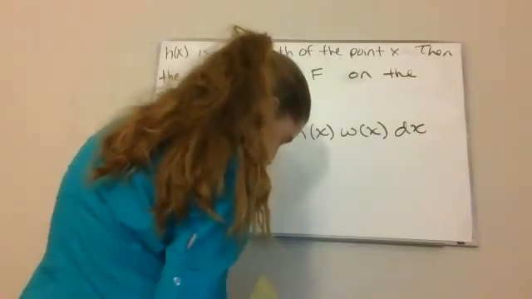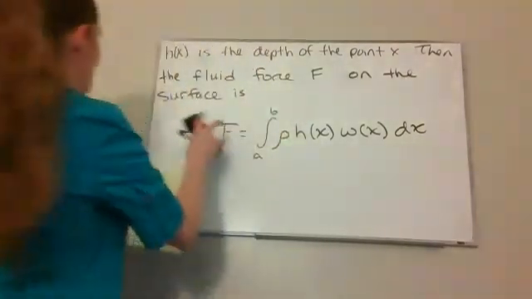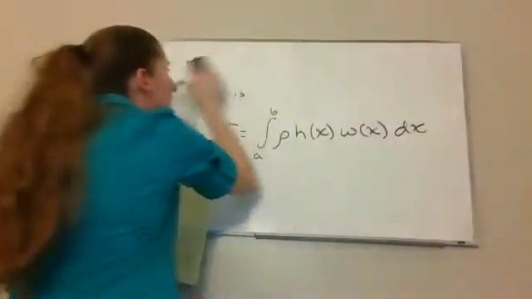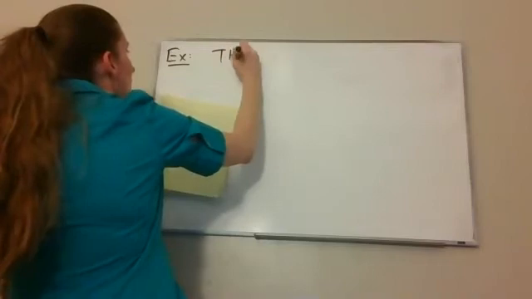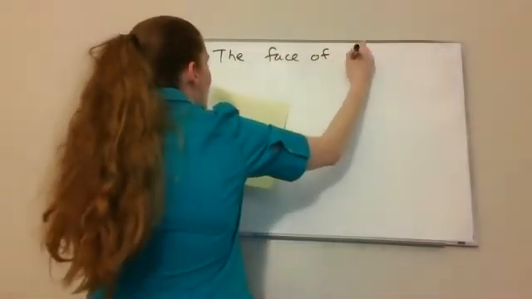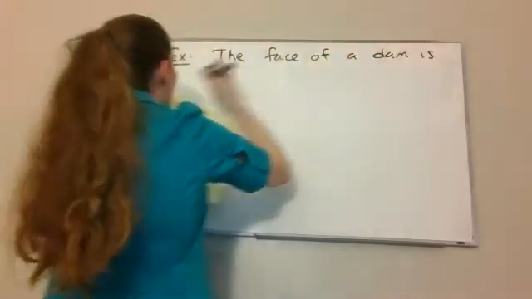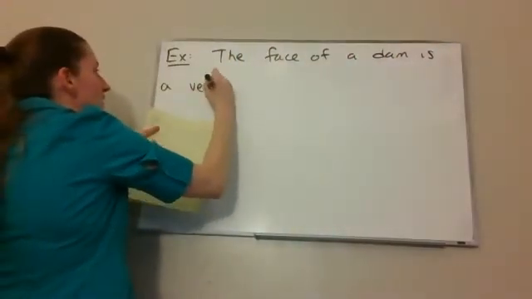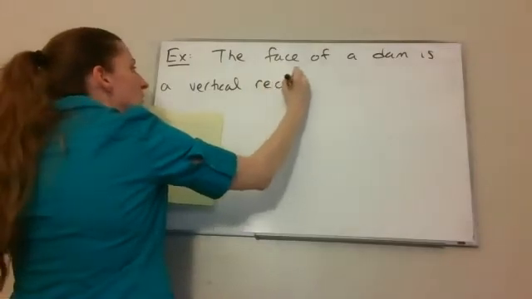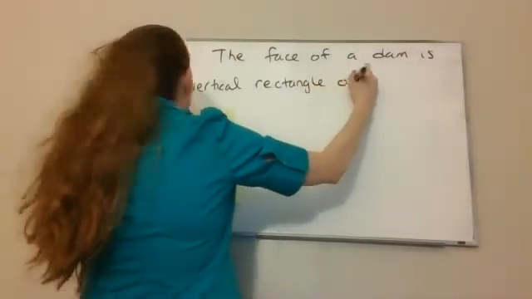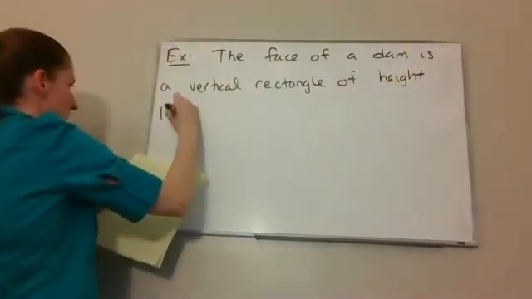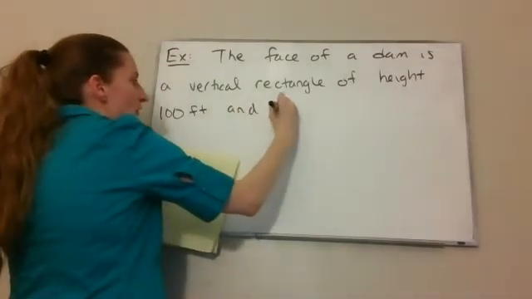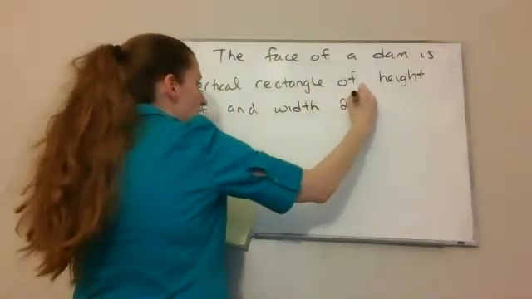Let's see. Here we go. This one's a good one. So an example. The face of a dam is a vertical rectangle of height 100 feet and width 200 feet.